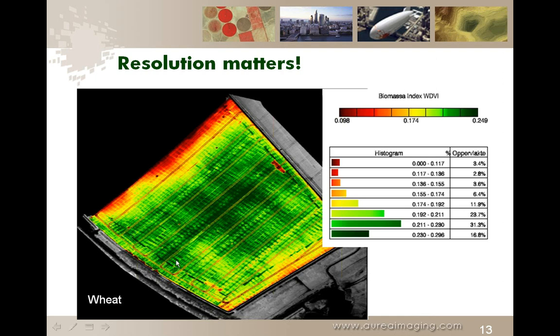Another interesting part here is the stripes. We have extra biomass here, in fact, and lower biomass. Extra biomass, lower biomass. Why is this? When the machine drives by over this line, the arms of the fertilizing machine were moving too much because the machine was driving too fast.